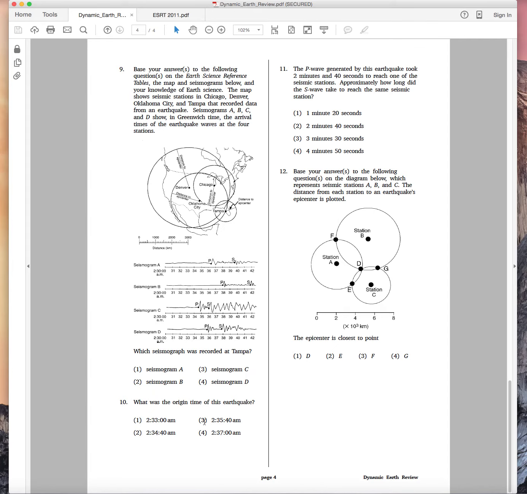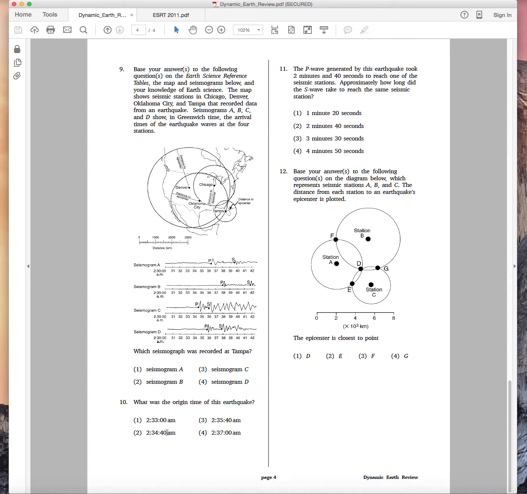I can eliminate 3, because 2:35:40 comes after 2:34:40. I can eliminate 2 because it's exactly at 2:34:40. There is some time for it to get there, which means it has to be before 2:34:40.